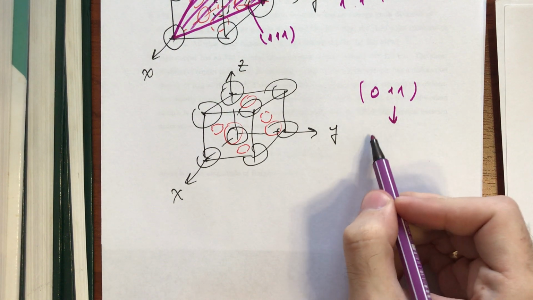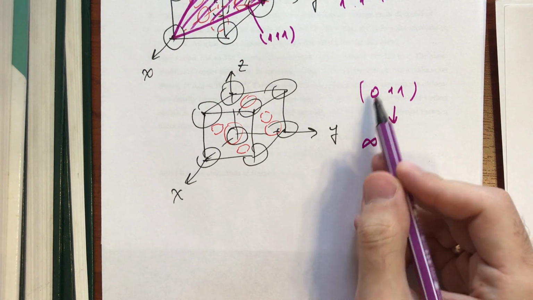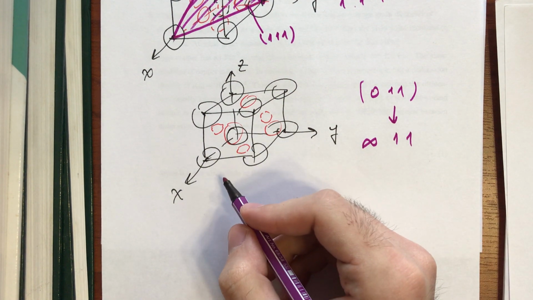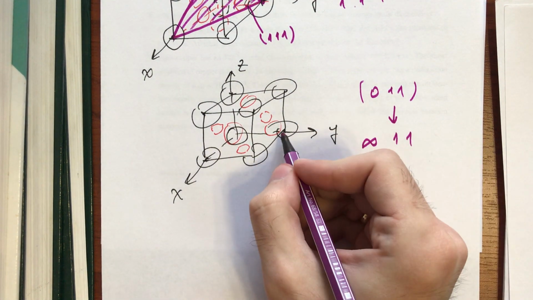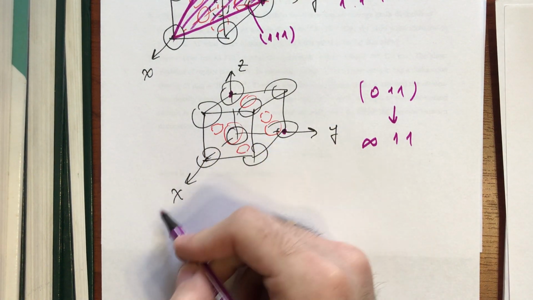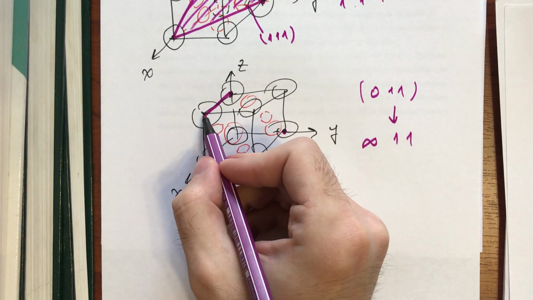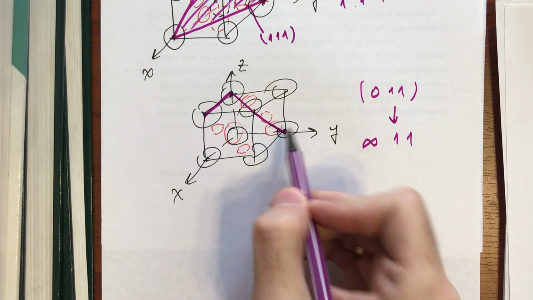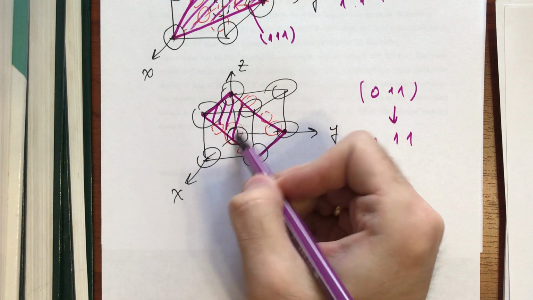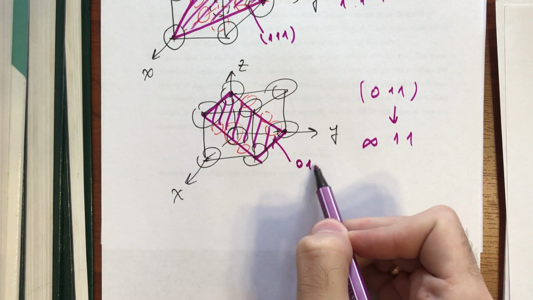Take the reciprocals. This is going to be infinity, which means parallel to the x axis, 1, 1. So it's going to intersect y and z at the corners, but it's going to be parallel to x. So if you connect, it should be something like this.